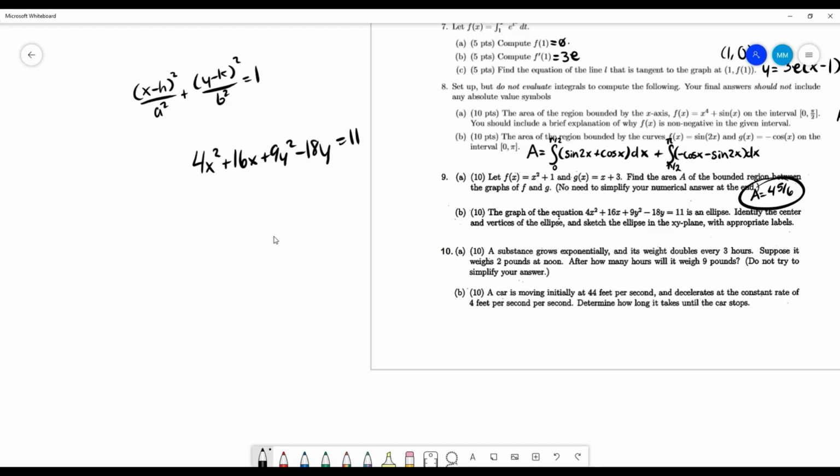So let's take out that 4, so it's 4x squared plus 4x, which I want to complete that square. So I know what would get me that would be x plus 2 squared, which if I complete that, it's going to be x squared plus 4x plus 4.